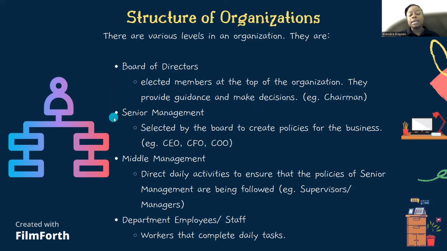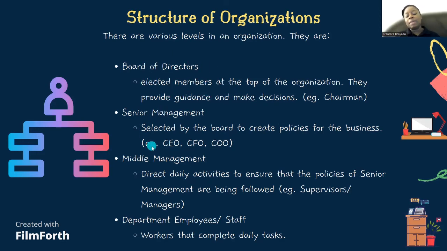Below them is going to be senior management, and they're normally selected by the board. So the board is responsible for hiring who can be senior management of a company. And these senior managers create policies, or rules, or things that they want the business to do based on decisions made by the board.